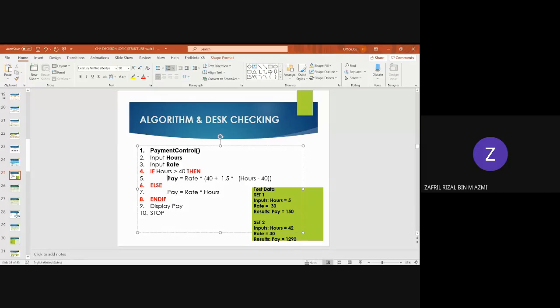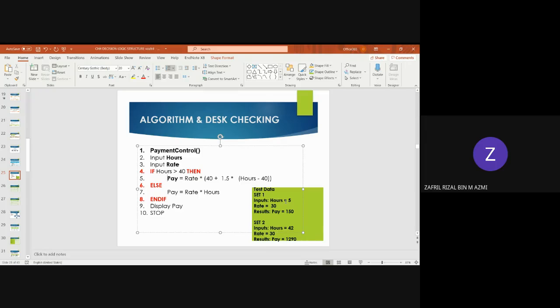So you need to list down all the variables on the top of the desk checking table. And then you need to use the test data. If none are given in the question, you need to come up with your own test data. Any numbers, any value.